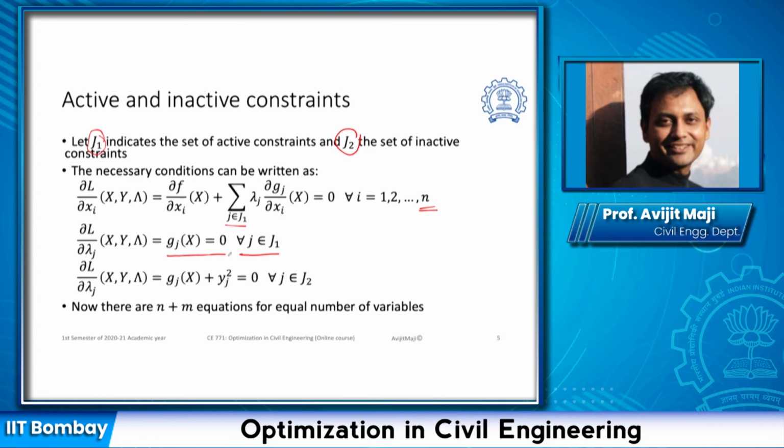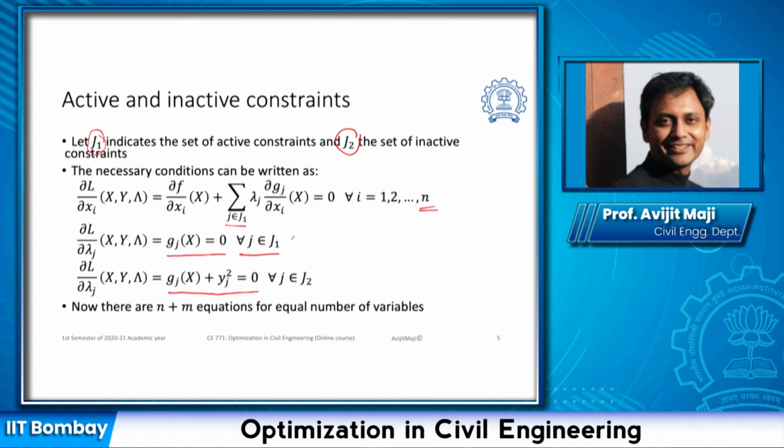In the same set of necessary conditions, if we look at the inactive constraints, then gj needs to be added with the slack variable, and then it is going to be 0.